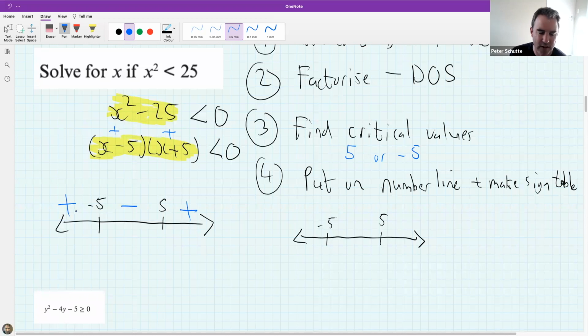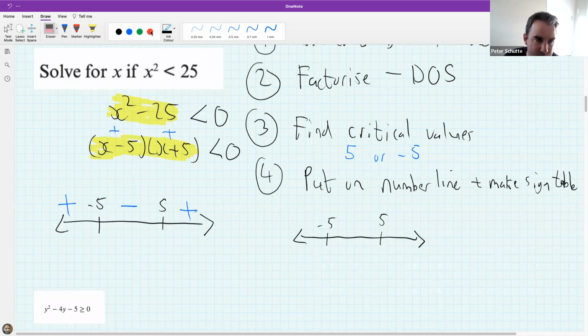And what this is doing is summarizing the value of this expression. So, for example, if I chose a number, give me a number between minus 5 and 5. In the audience, please give me a number between minus 5 and 5. Okay, I'm going to choose IV's 3.